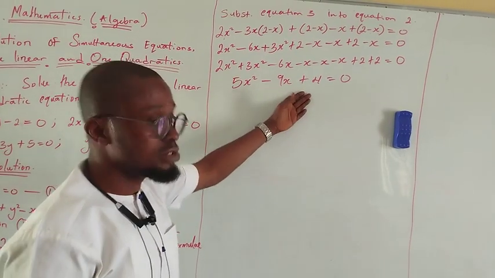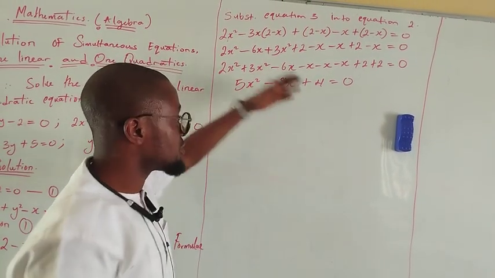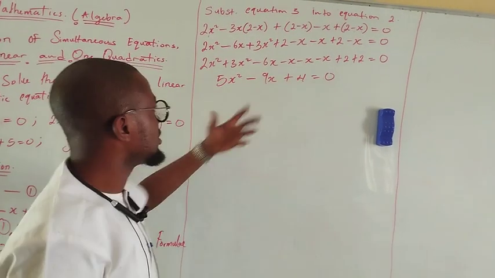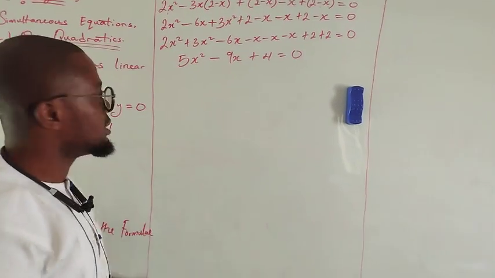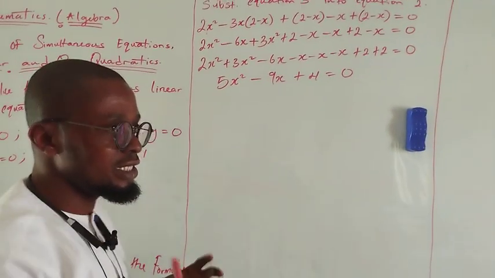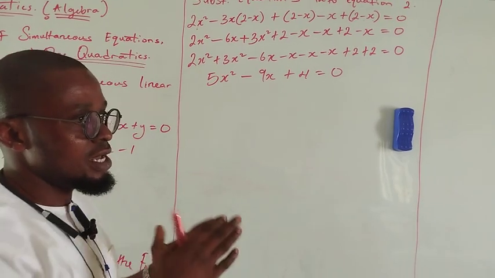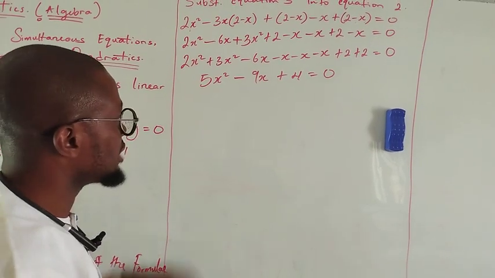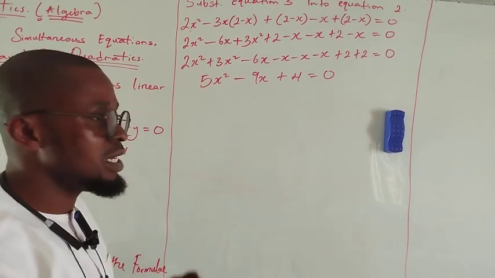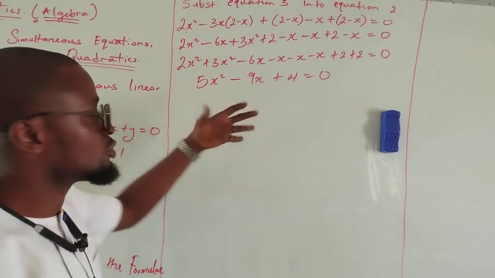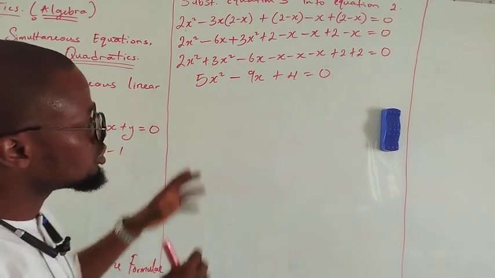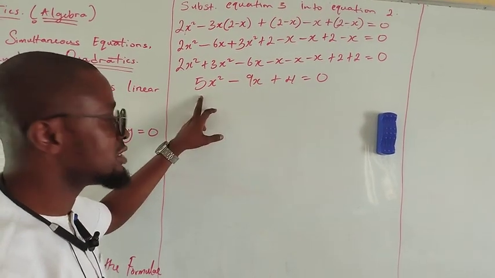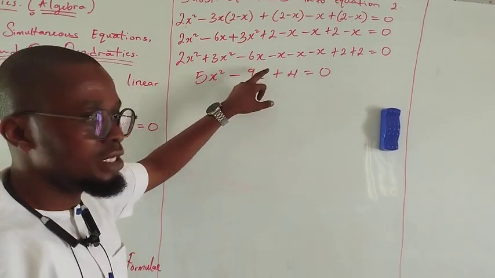Factorization method first: 5x squared times 4 will give us 20x squared. And the factors of 20x squared can either be plus 5x and plus 4x, or we can as well use minus 4x times minus 5x, which will still give us plus 20x squared. We have to use something that when we multiply, it gives the product of these, and when we add, it gives us the middle term.